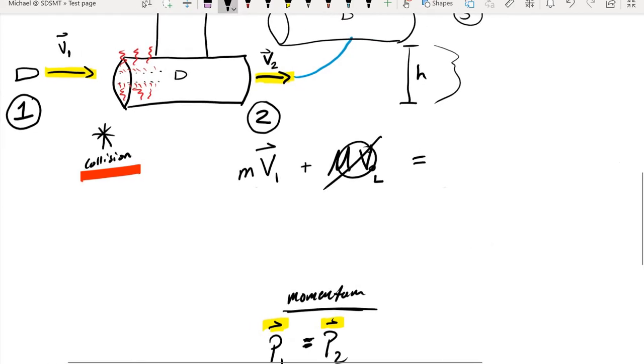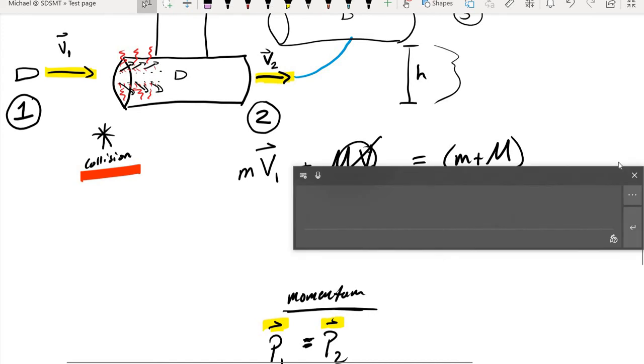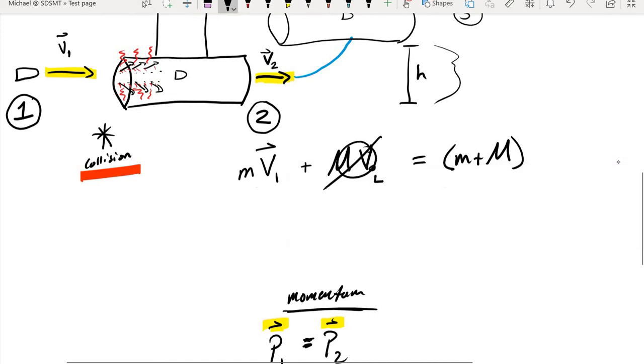We then have to set that equal to the momentum immediately after the bullet becomes lodged in the log. We now have a combined mass of the bullet and the log. We'll assume that we didn't lose any mass from this collision. We'll just assume that the bullet kind of pushed the wood fibers out of the way. Again, this is why we don't want a dry log, because we could end up shattering it.